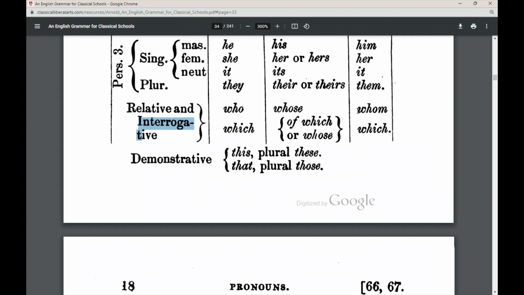And then lastly, in the accusative case, we see the form whom, and which, again, for the neuter. So these words who, whose, and whom, you can now see what they are and how they're used. There are different cases in English of the relative and interrogative pronouns.